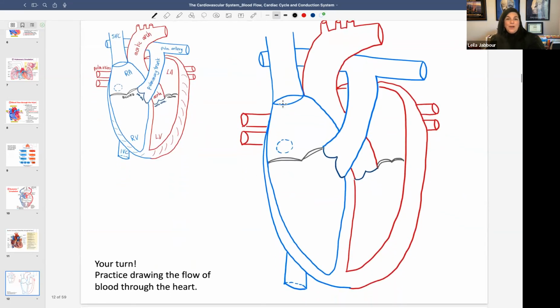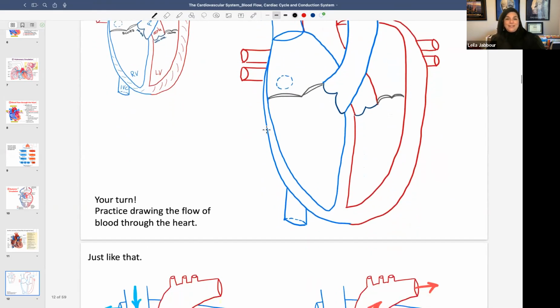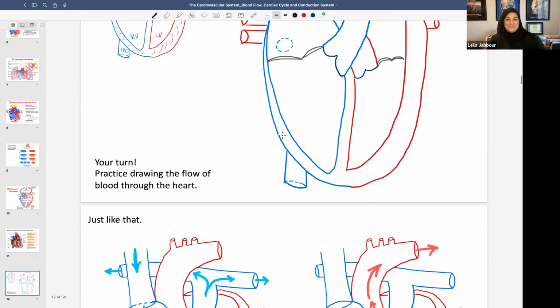Okay, so I included a diagram for you to use to practice. You can use it to label the different sections of a heart. You can use it to practice the flow of the heart. You can also use it for the conduction system, drawing the conduction system in, maybe a third color, like green, which is actually what I did in an upcoming slide.